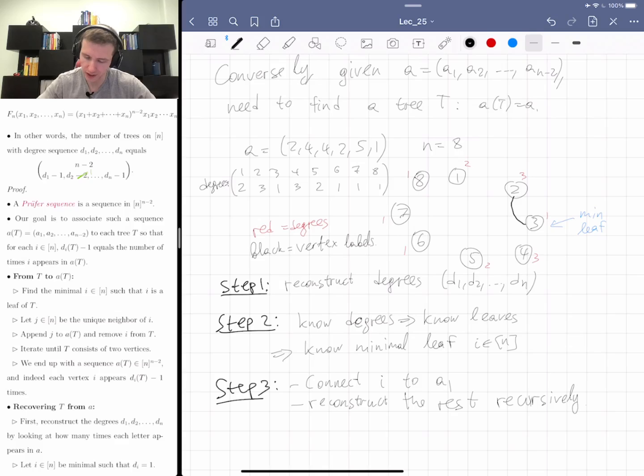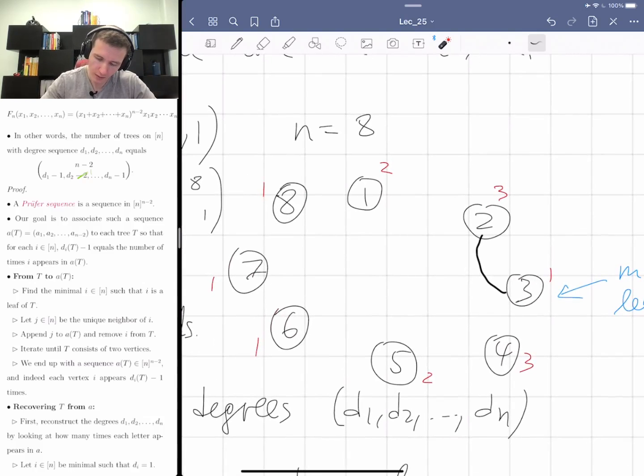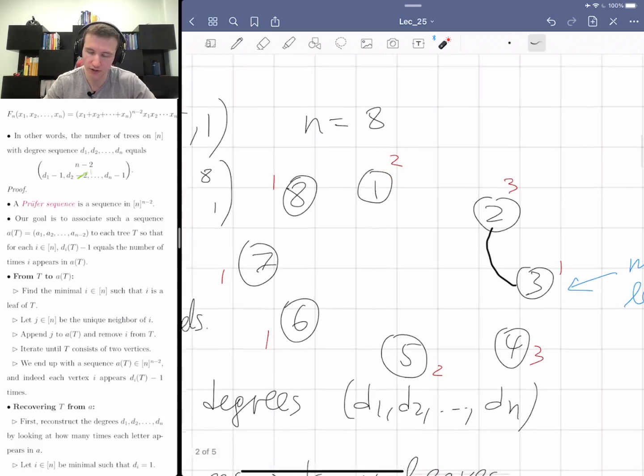In the original algorithm, I would remove the 3 and then proceed to compute the rest of the code, so I can just ignore the 3. But I want to do this in an algorithmic way, so that I would be able to actually write a program. So I'm going to use my red numbers to denote not just the degrees, but the remaining degrees.